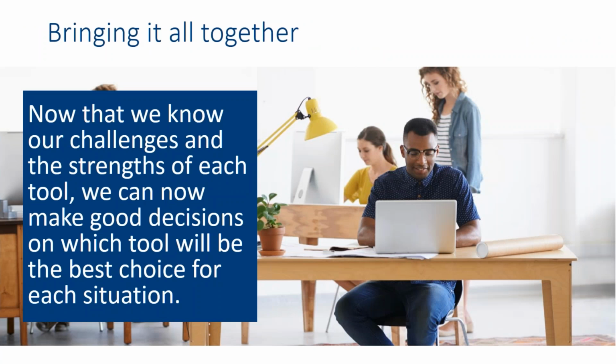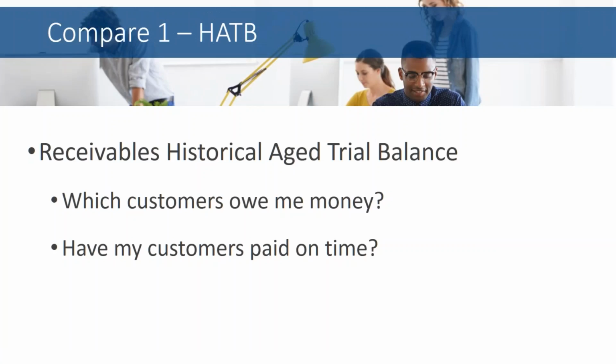So bringing this all together, now that we know what our challenges are and we've seen the strengths of each tool, that can help us actually make a decision. So we have an example here, a historical age trial balance, if you've ever seen it abbreviated to HATB, historical age trial balance.